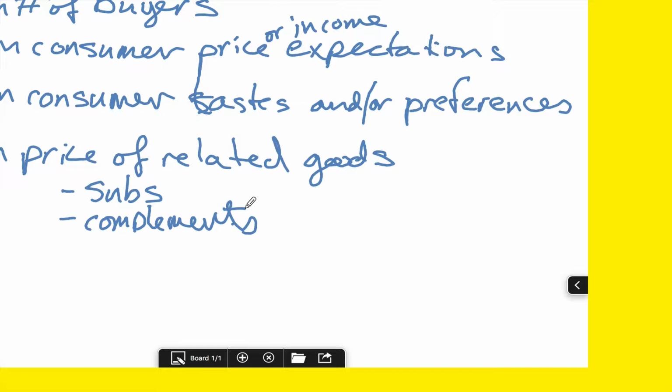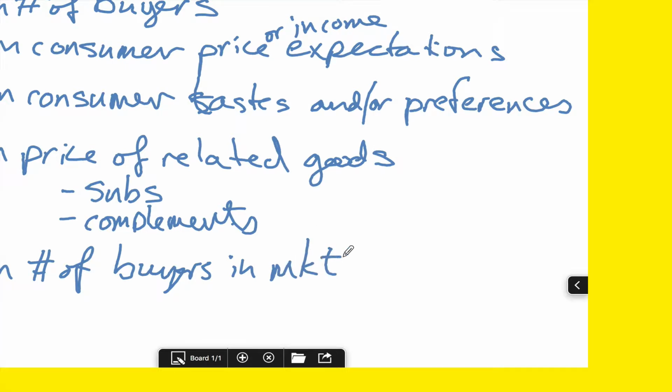Change in number of buyers in the market. Any others? The first one and the last one are the same.